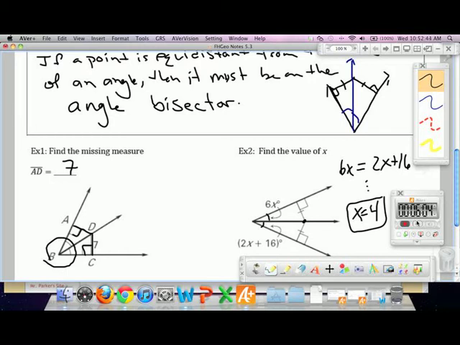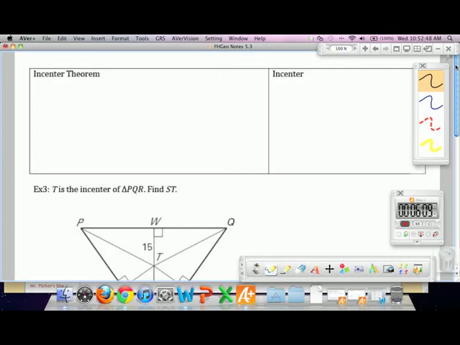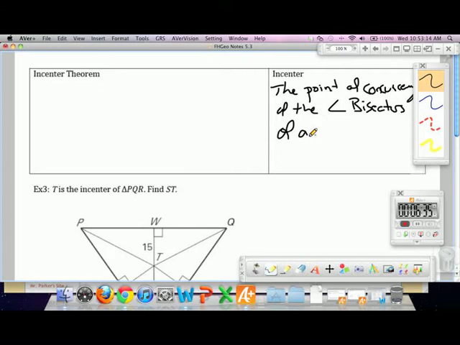The point where the three angle bisectors of a triangle meet is called the incenter, or the point of concurrency of the angle bisectors of a triangle.